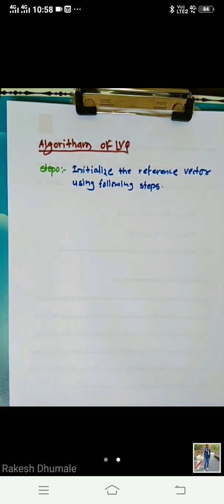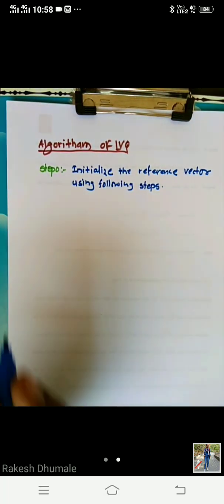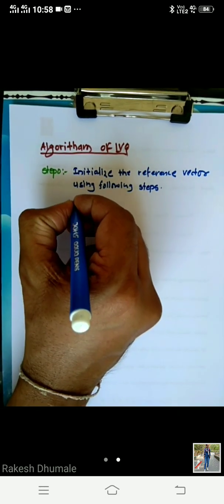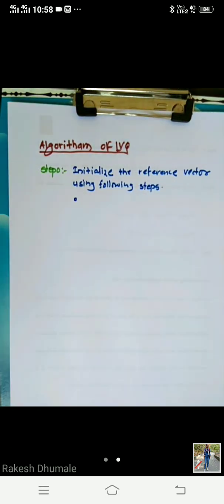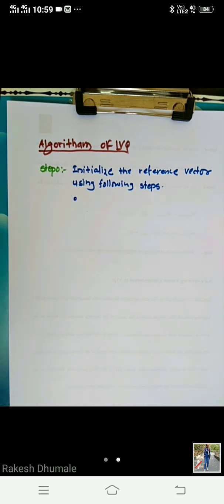First step: take m training vectors from the set of training vectors as weight vectors. Use the remaining vectors for training.